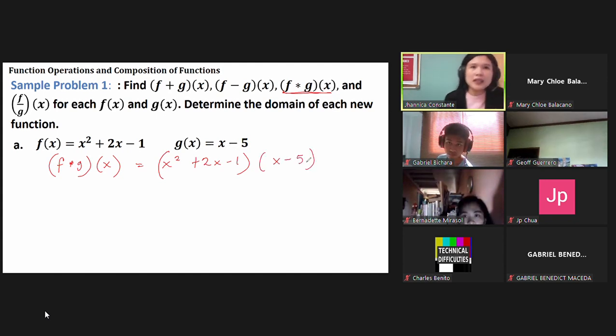If you still remember, when we are multiplying polynomials, we have the FOIL method, and we have the distributive method. So remember those methods that we have?